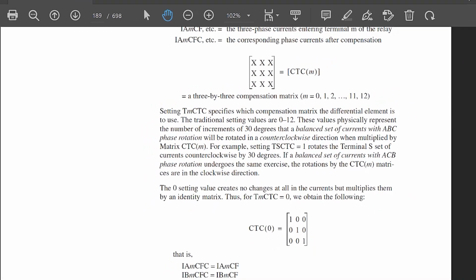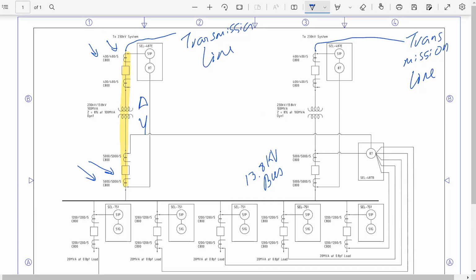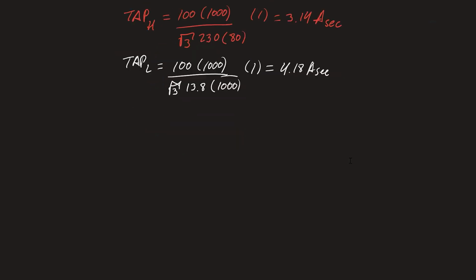So what does this exactly mean? Well, it means that, again, for our example, we would have something like this. The high side currents, let's say high side A phase, would be 30 degrees ahead of the low side A phase current. So the high side is leading the low side by 30 degrees.